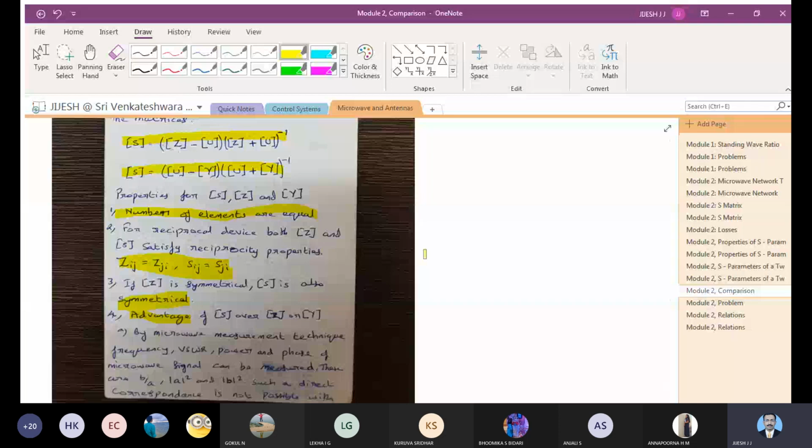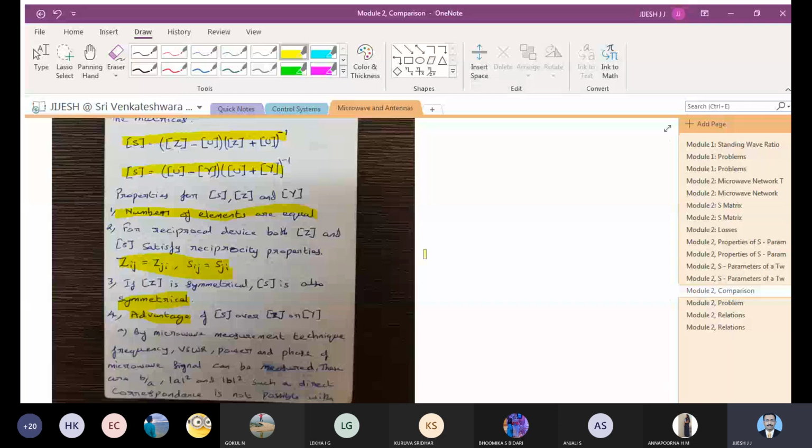Here there is not much to understand. It's all theory, where we have understood the number of elements, we have seen the reciprocity property, and we have seen the symmetrical nature of Z parameters and symmetrical nature of S parameters.